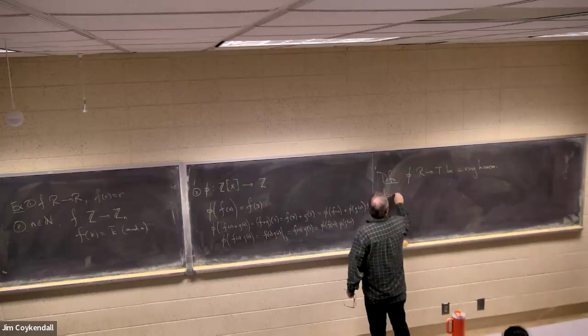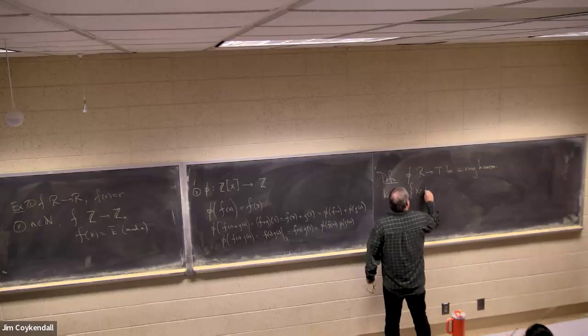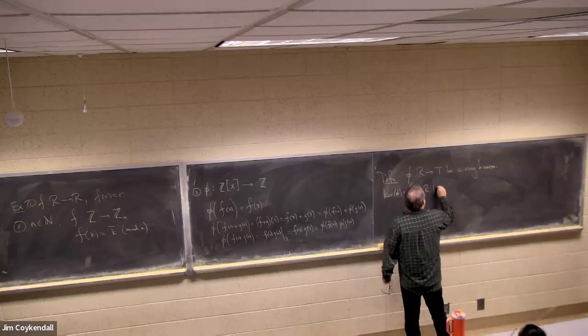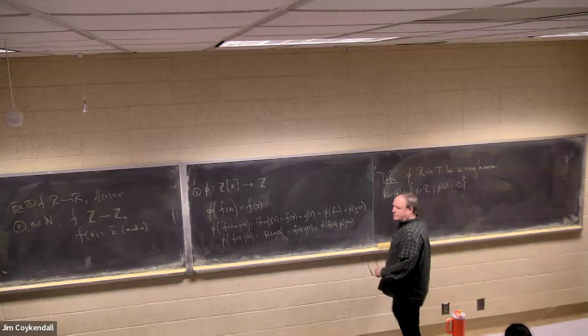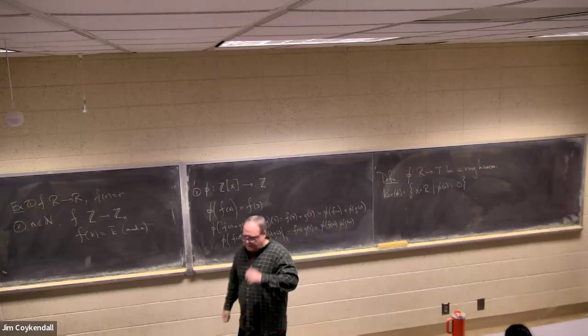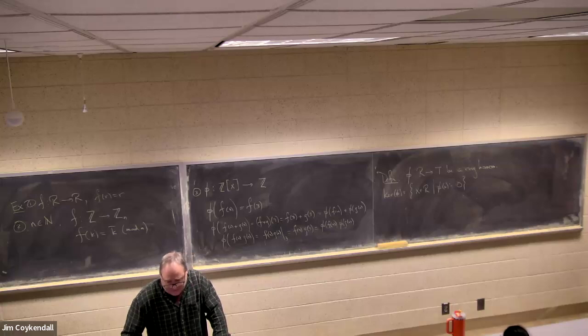The kernel is the set of x in R such that P of x equals 0. This is very much like the null space of a linear transformation. In fact, it's the set of everything that goes to 0.